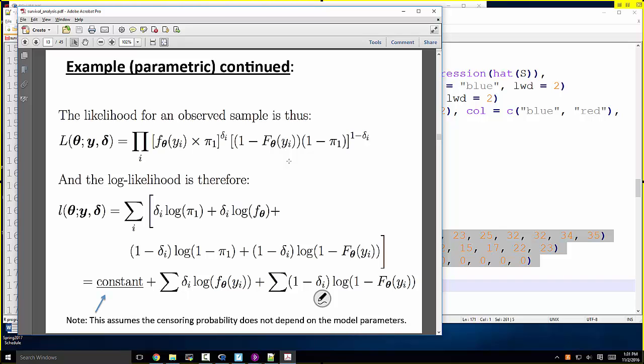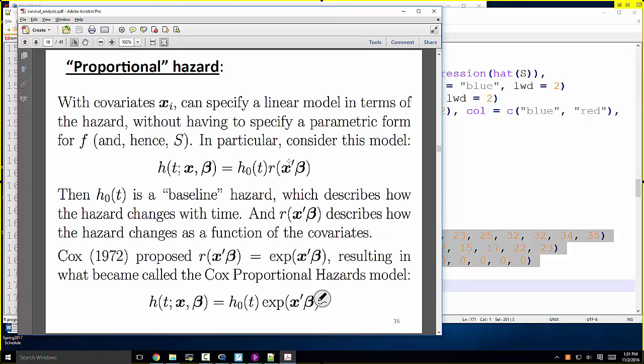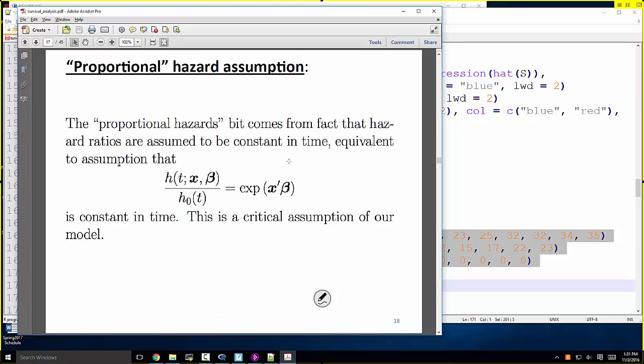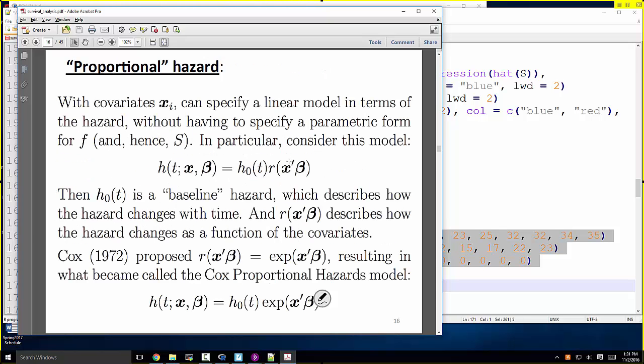And then beyond that, we're going to learn about a different summary measure with survival data called the hazard. And the reason we like that is because it allows us to do regression. We're going to say hazards at time t is some function of covariates.